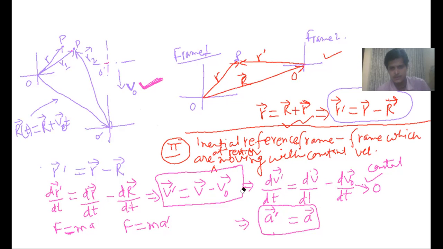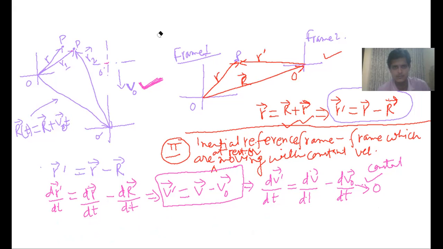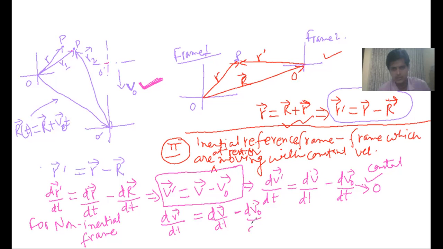If the velocity is changing, the equation will be dv dash upon dt equal to dv upon dt minus dv naught upon dt.